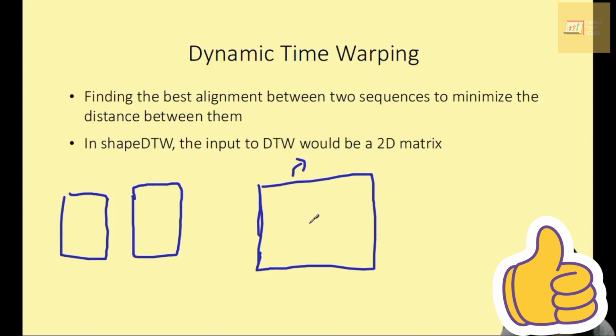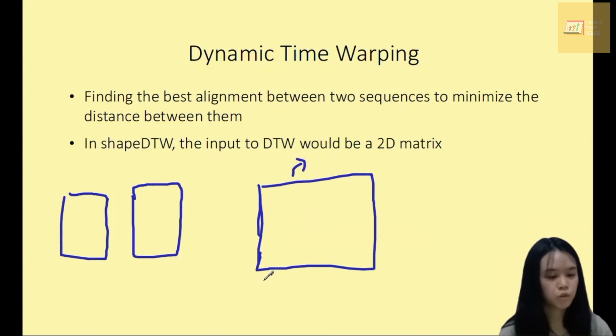But in general, that doesn't have to be the case. In general, we can have a rectangle distance matrix, a pairwise distance matrix. So for example, the first matrix has 10 rows and the second matrix has 5 rows. Then the resulting pairwise distance matrix would have 10 rows and 5 columns.